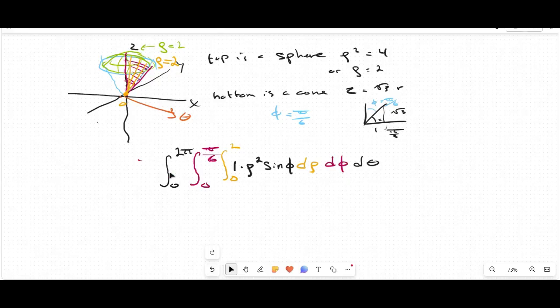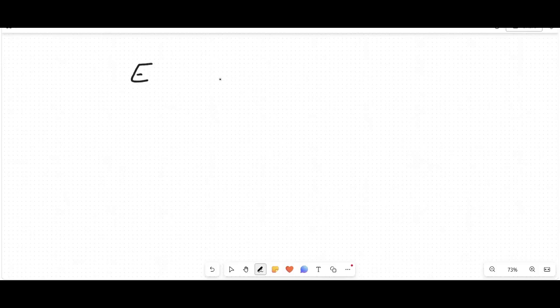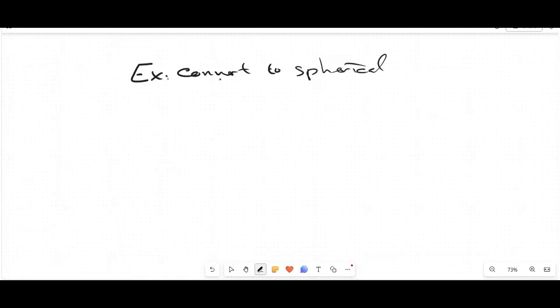We'll do one more example. Here they ask us to convert to spherical. So they give us an integral fully written out, and they say, turn this into a spherical integral.